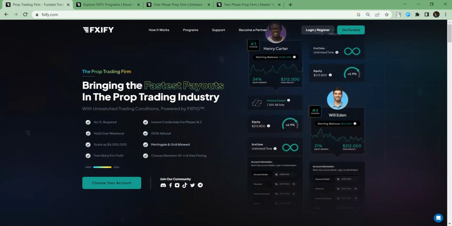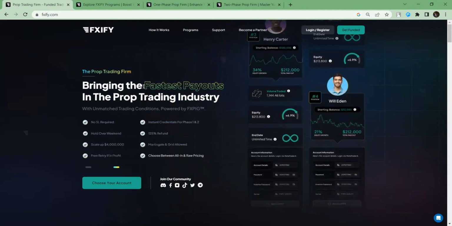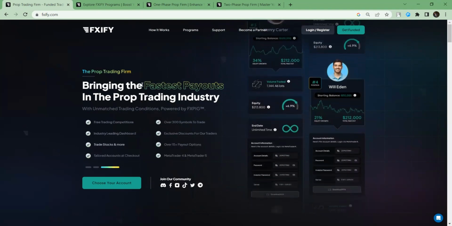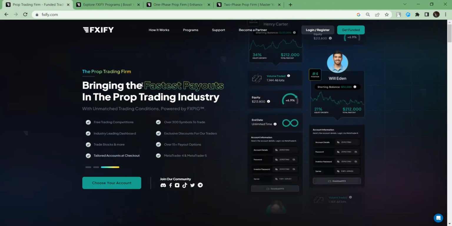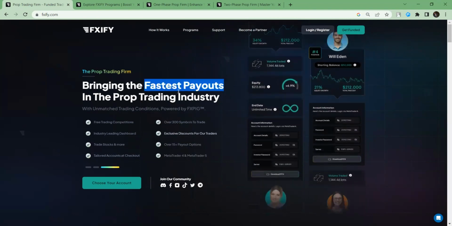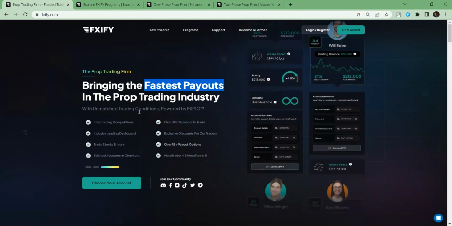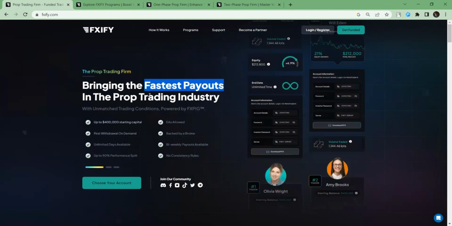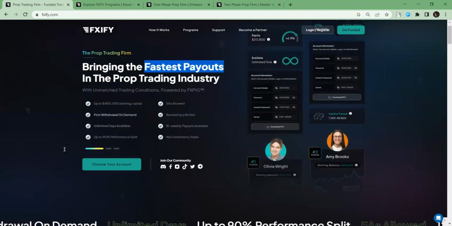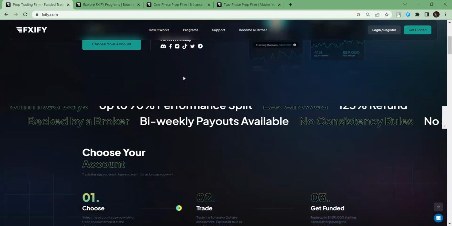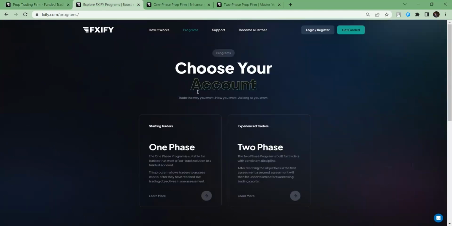What I can say is that FXIFY is one of the platforms that pays you as soon as you make your first profit. As soon as you get funded, you're going to get what we call the fastest payout. You're going to get the payout on demand, which is very exciting, guys. I've never seen anything like this, or if it's happening out there, it was my first time to experience it with FXIFY.